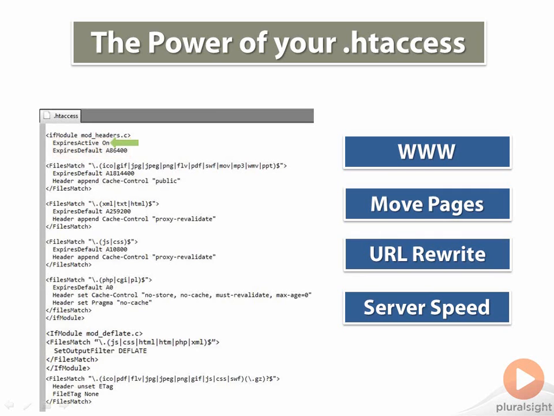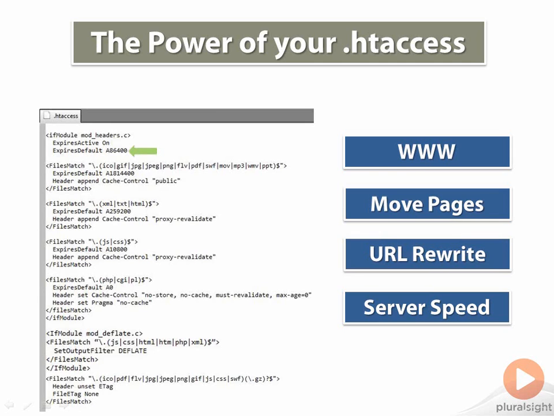The expires active is turned on, which communicates to the server to activate the expires headers function. The next line, expires default, has next to it A86400. The A stands for access, and the numbers represent the amount of seconds that the browser should cache website components.